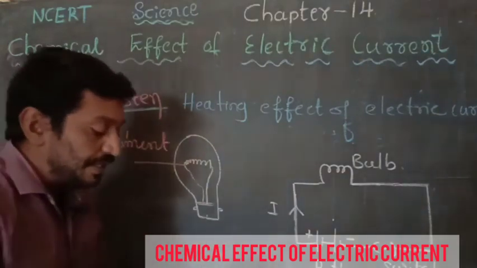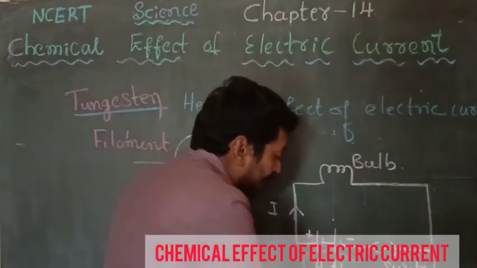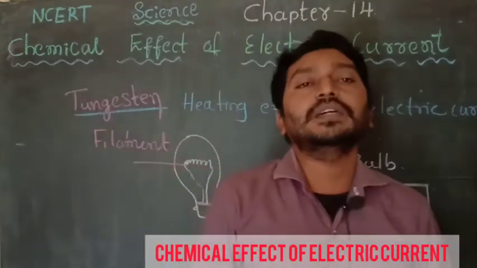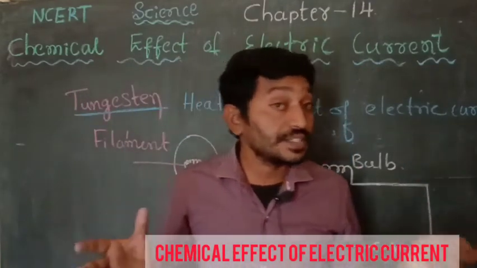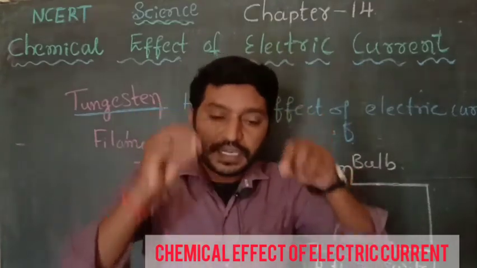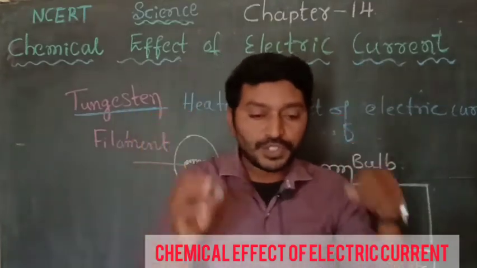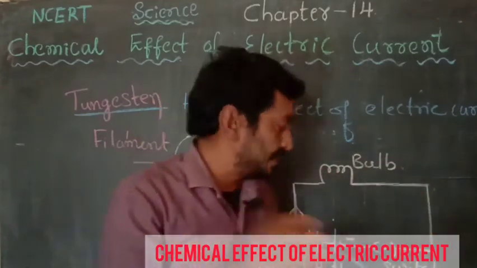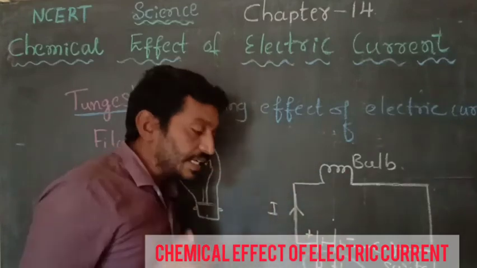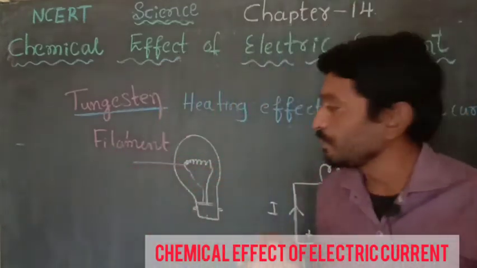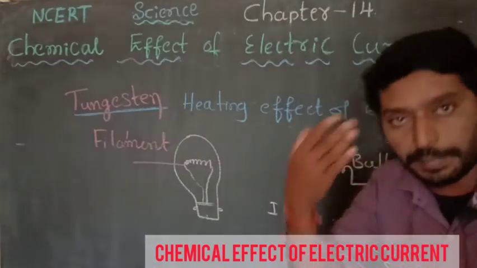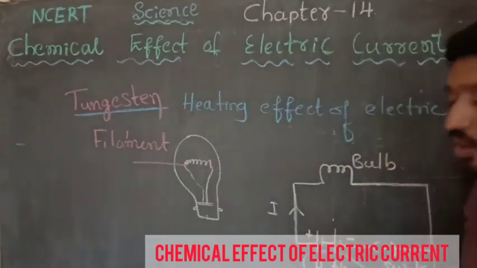It is mainly because of what? The battery or the cell. The cell or the battery are the main sources of electricity, and when we connect the battery or cell, it produces a potential difference across the ends of its terminals. Let me repeat, my dear students, listen carefully. The heating effect of electric current is mainly produced by the battery or the cell.